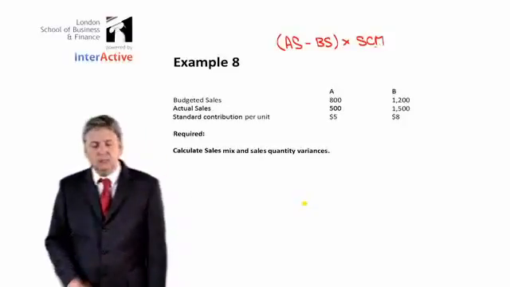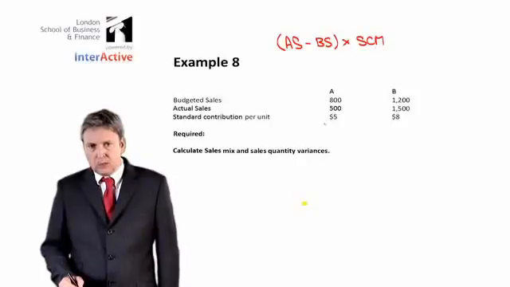So we could easily calculate that. What we want to do is to take this particular variance and break it down, to reflect the fact that there is both mix and quantity to consider.